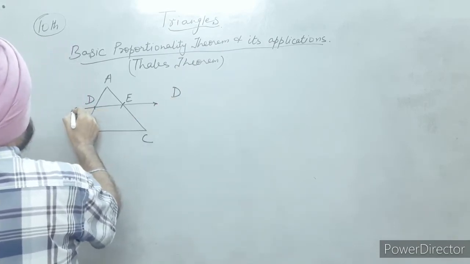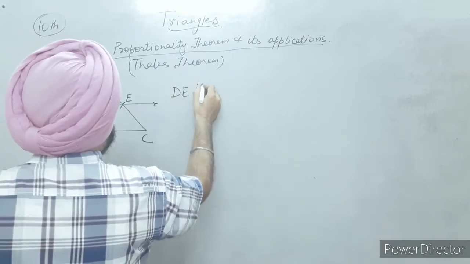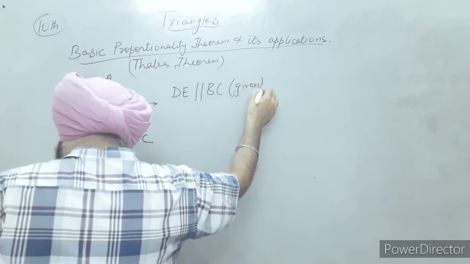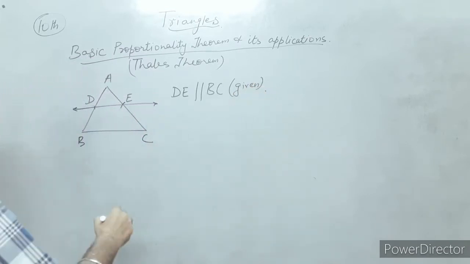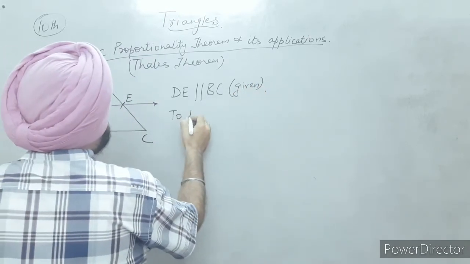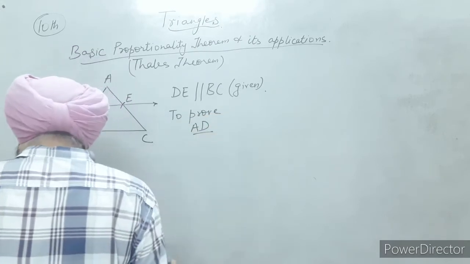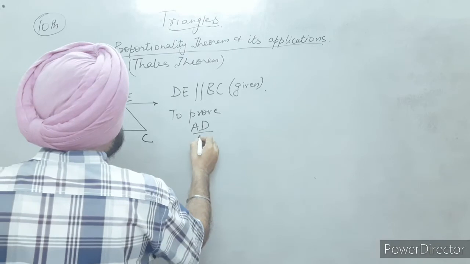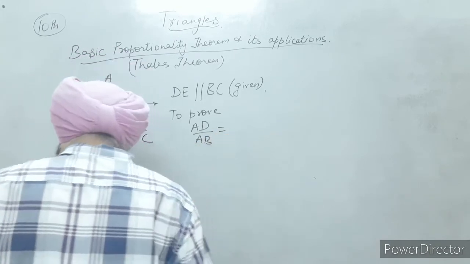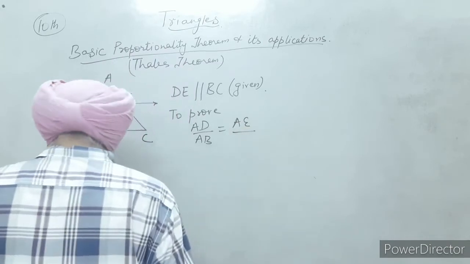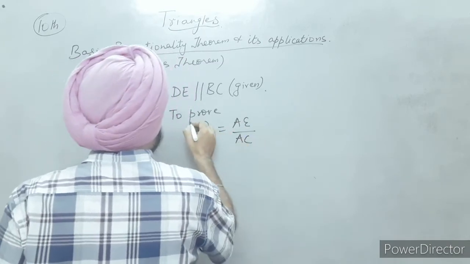DE is parallel to BC. This is given. To prove: AD upon AB is equal to AE upon AC. This we have to prove.